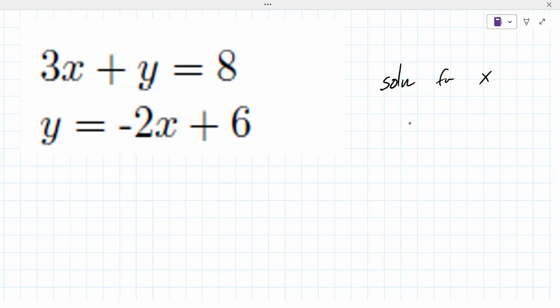X equals 2. Yes, X is 2. Very good. So why don't you use that second equation there and solve for Y, please?